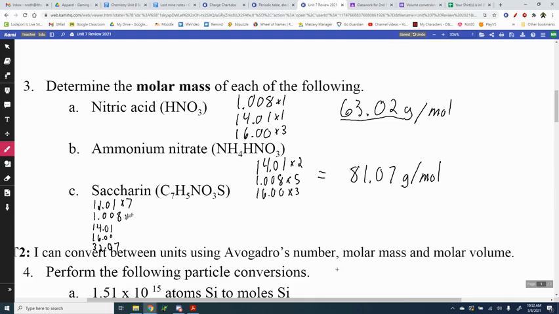H, there are 5 of them. N, there is 1. O, there are 3. And S, there is 1. We multiply all those together, add everything up, and we get 183.20 grams per mole.